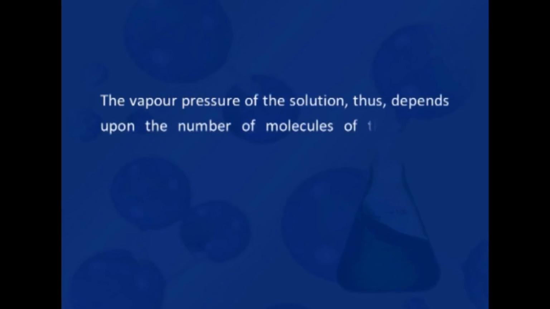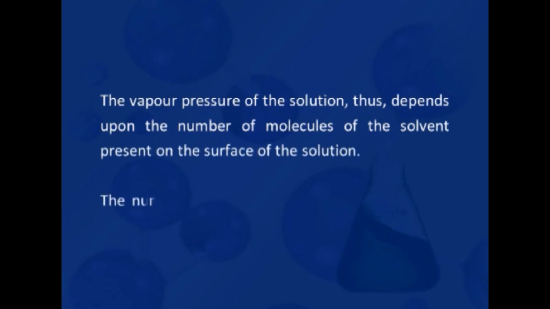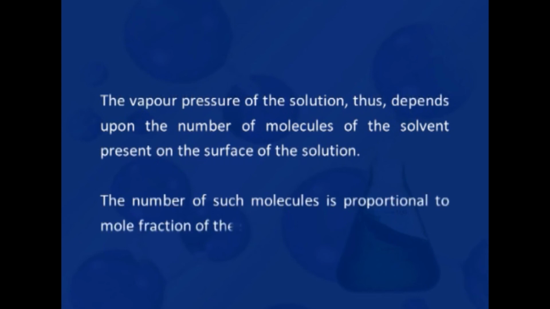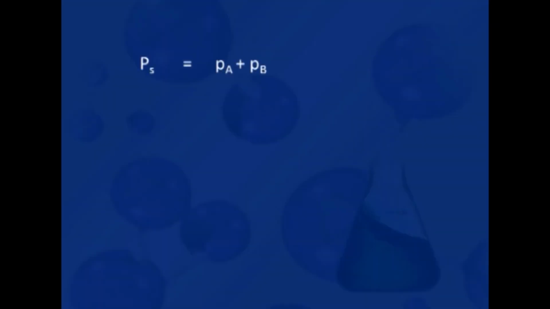The vapor pressure of the solution thus depends upon the number of molecules of the solvent present on the surface of the solution. The number of such molecules is proportional to the mole fraction of the solvent. Now, you know that Ps is equal to Pa plus Pb.